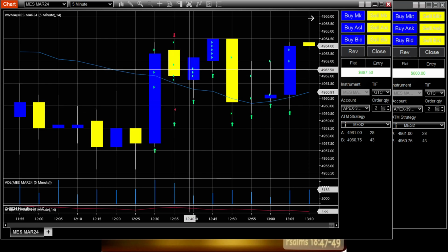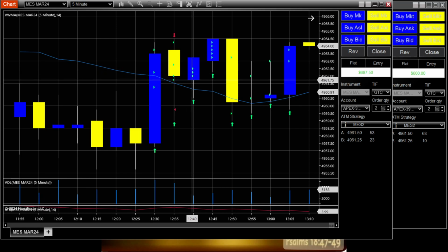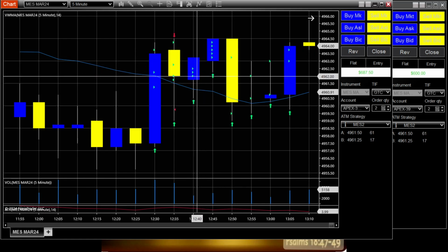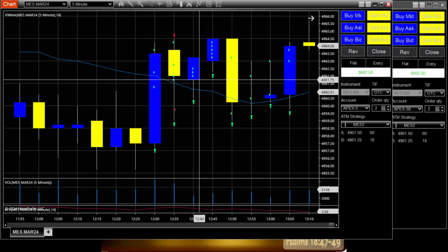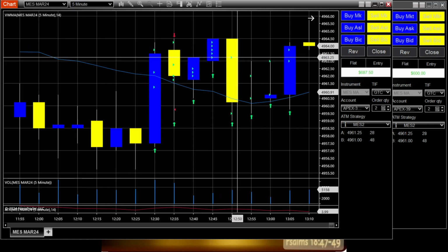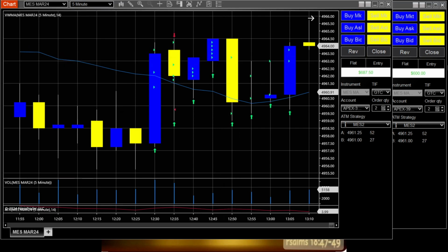I started to enter again. These are basically micro entries, like one micro, because I wasn't trying to sabotage too much of the profit. So I took these long entries. Right, so that's the next trade. Long entries here.